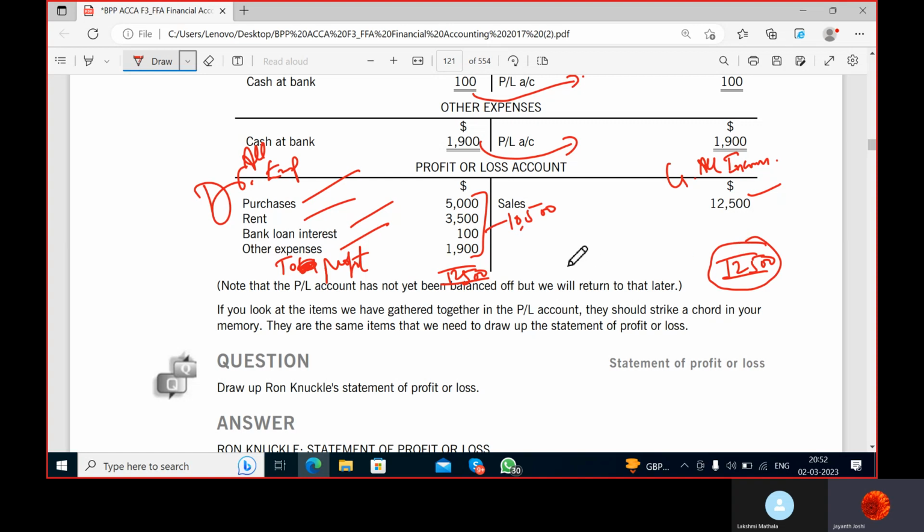So from income of 12,500, if you remove your expense of 10,500, you see your income is more than your expense. So excess of income over expense is profits. Okay. So how much is the profit? 2,000. So that is the profit you have. Please make a note of this. We'll move forward.